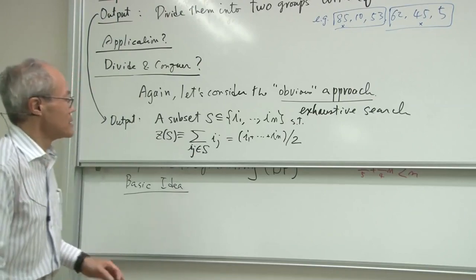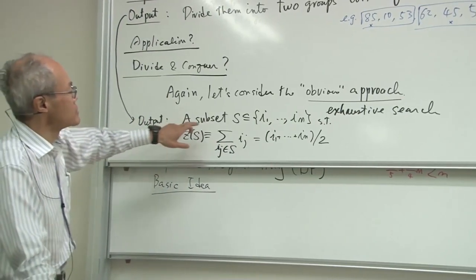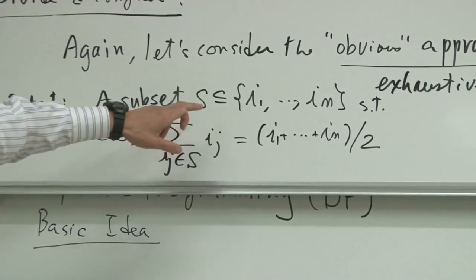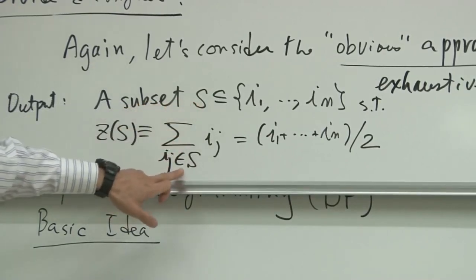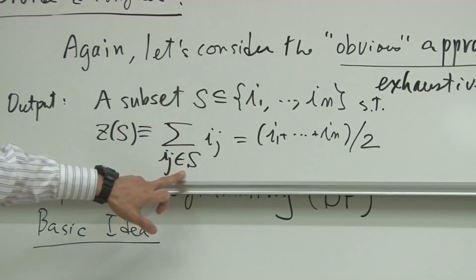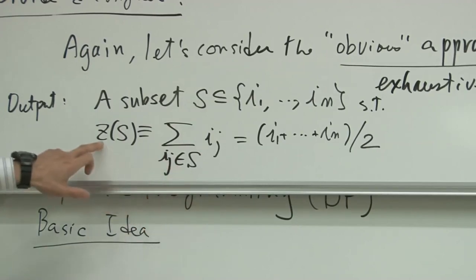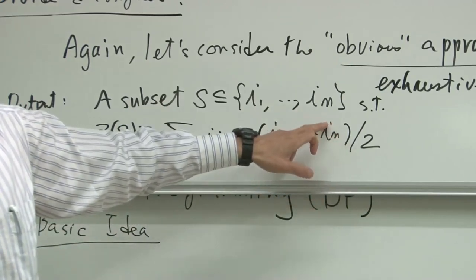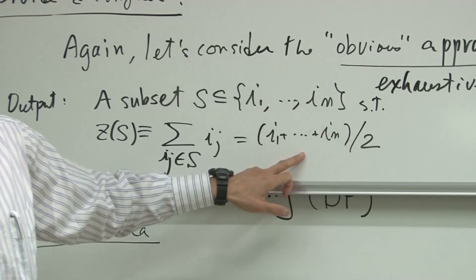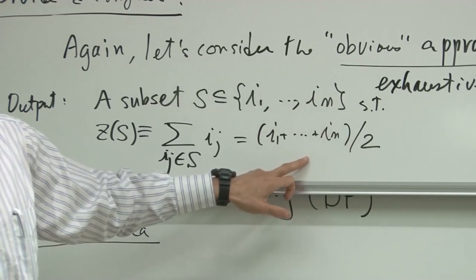Okay. So we'd like to find a subset S, such that its total sum, Z of S, is equal to 1/2 the grand total. Okay, this is the same definition.